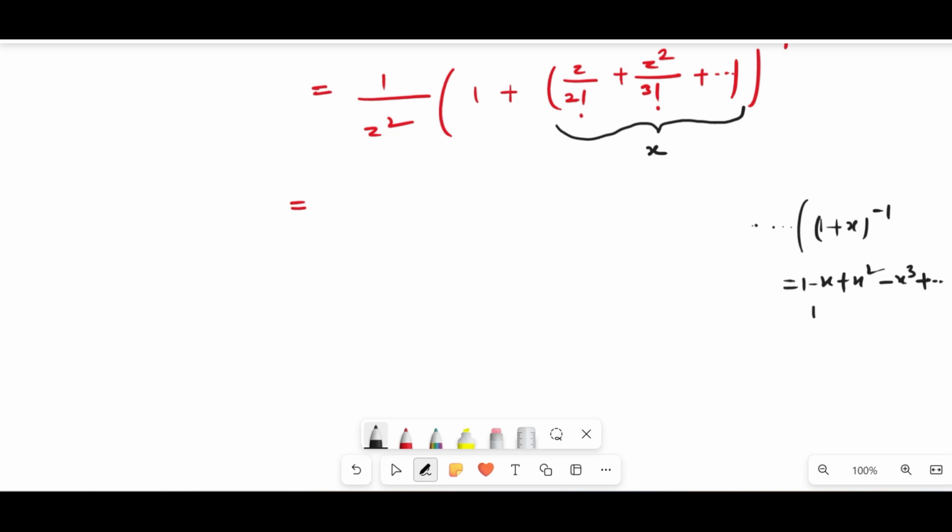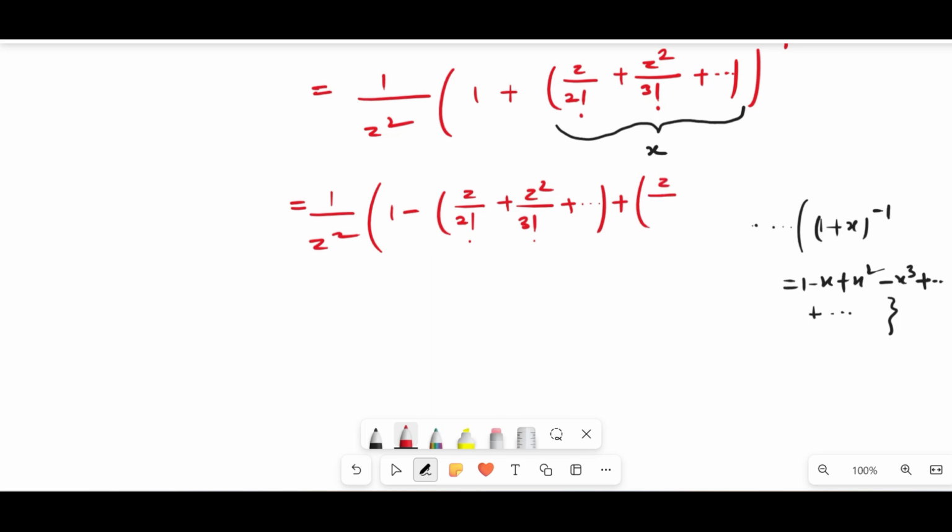So by using this series we can express the above 1 by z square as 1 minus (z by 2 factorial plus z square by 3 factorial plus dot dot dot) plus (z by 2 factorial plus z square by 3 factorial plus dot dot dot) whole square minus dot dot dot.